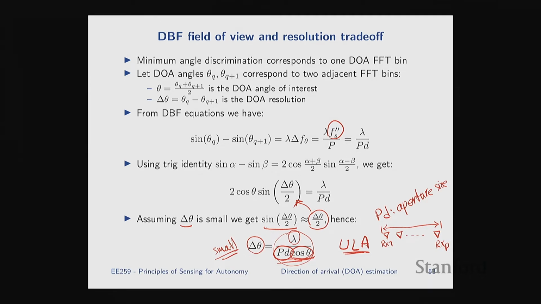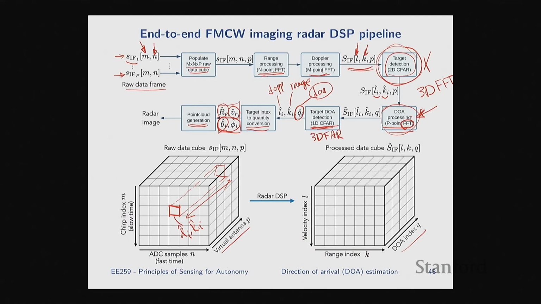If I go back to the DSP slide and look at this data cube, across each of the three axes there is a sampling rate, right? Horizontally, the sampling rate is your ADC sampling rate. That's your n index.